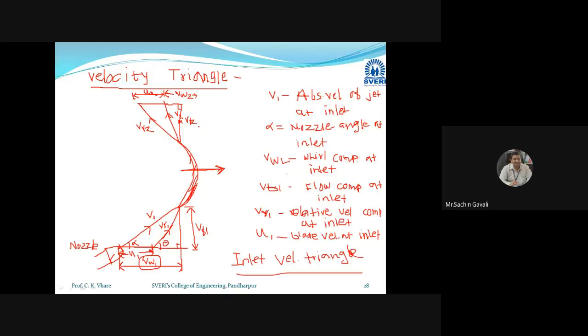Whatever V2 makes an angle with the horizontal or tangential direction, so this will be V2.